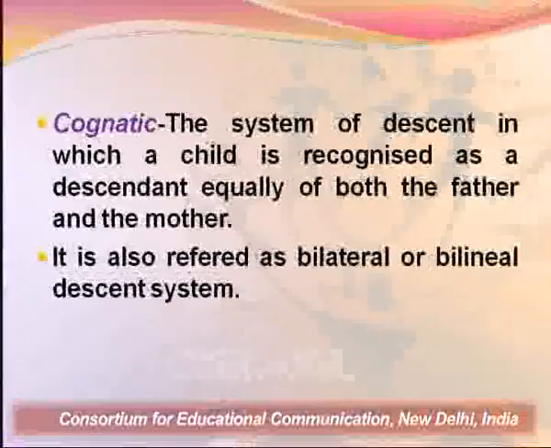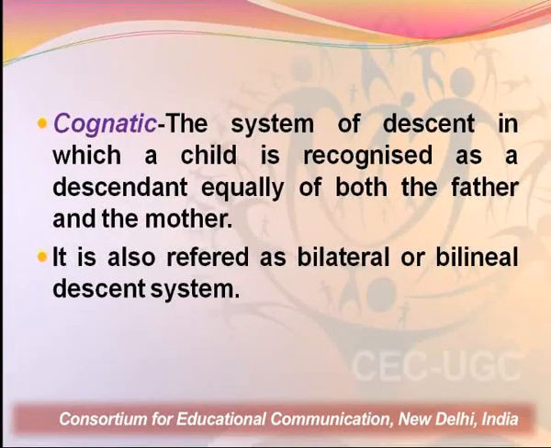The third type of descent is cognatic. As we just discussed, in cognatic descent either the male or the female line of descent is used to recognize ancestry, but it is bilateral. There is no significance given to one over the other. An example of cognatic descent is the Iban of Borneo.